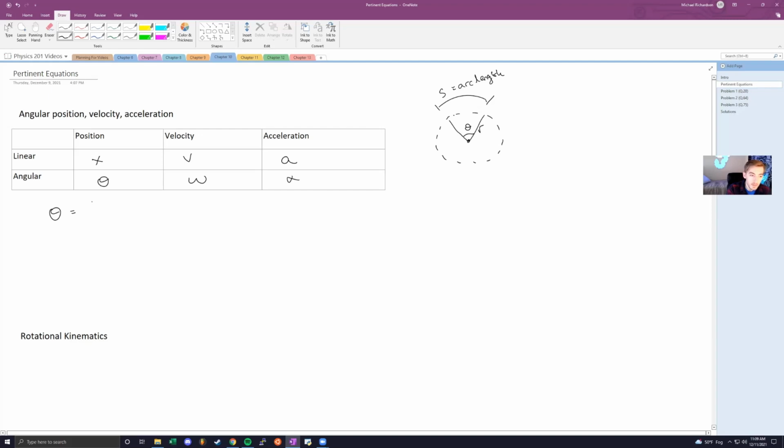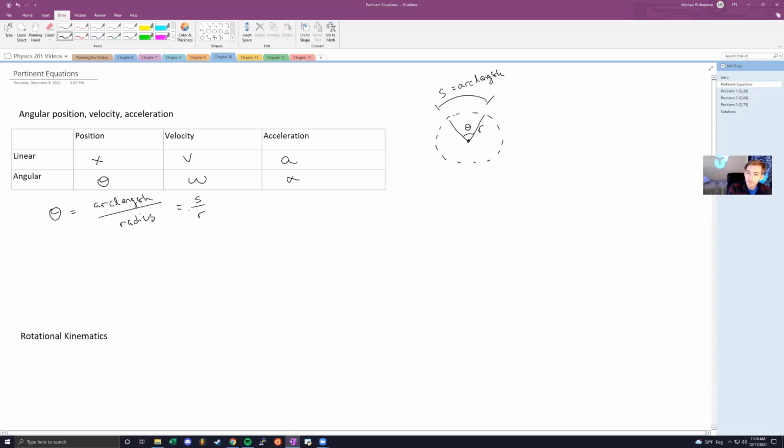So we're going to say that our angular displacement, theta, is going to be equal to our arc length divided by our radius, which we're just going to concisely say is S over R.